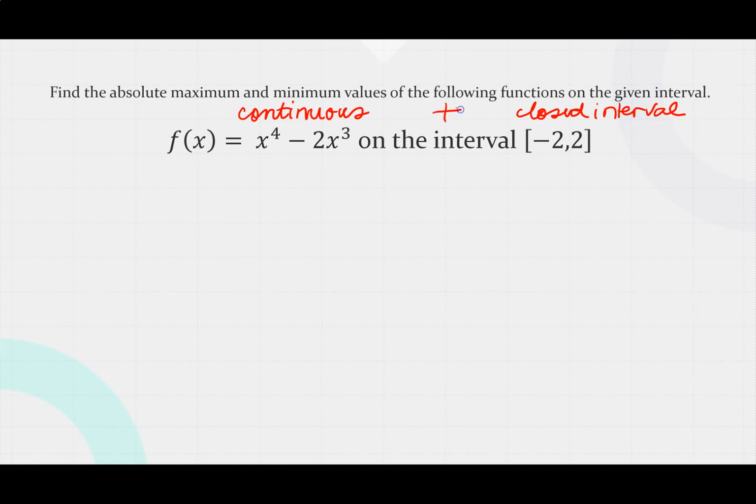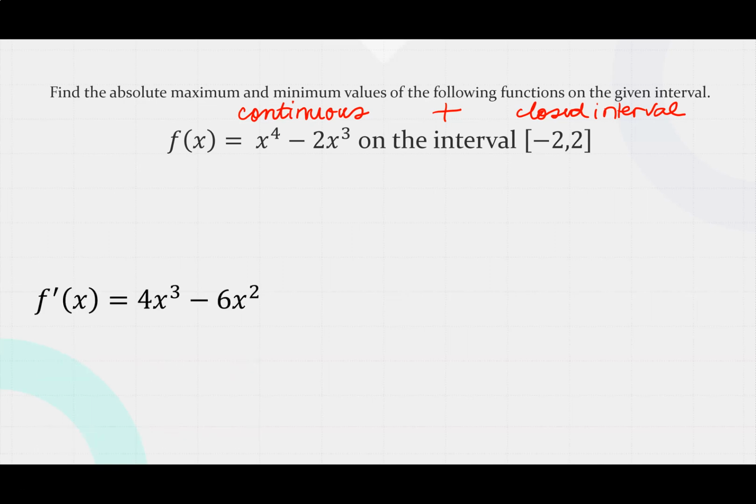Continuous and closed interval will tell us that it will have an absolute max and an absolute minimum. Well, how do we know where they are? First of all, if there were going to be an absolute max and min, they would be either at the endpoint or at the critical points.